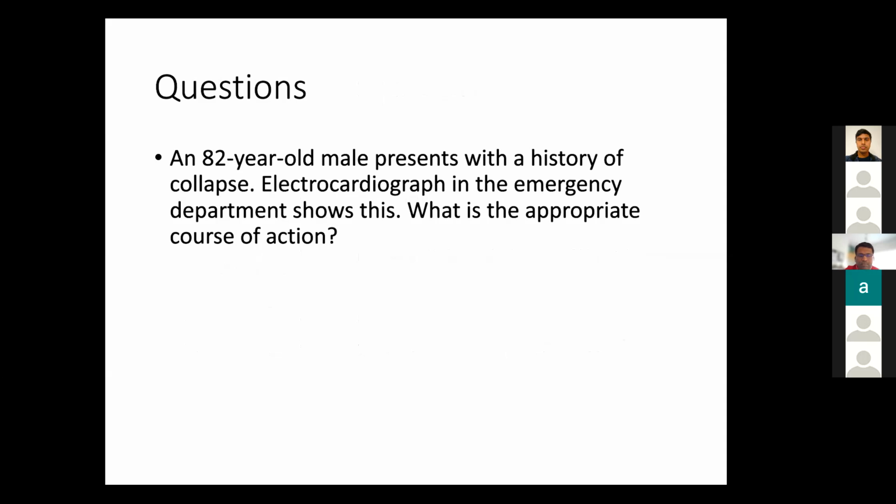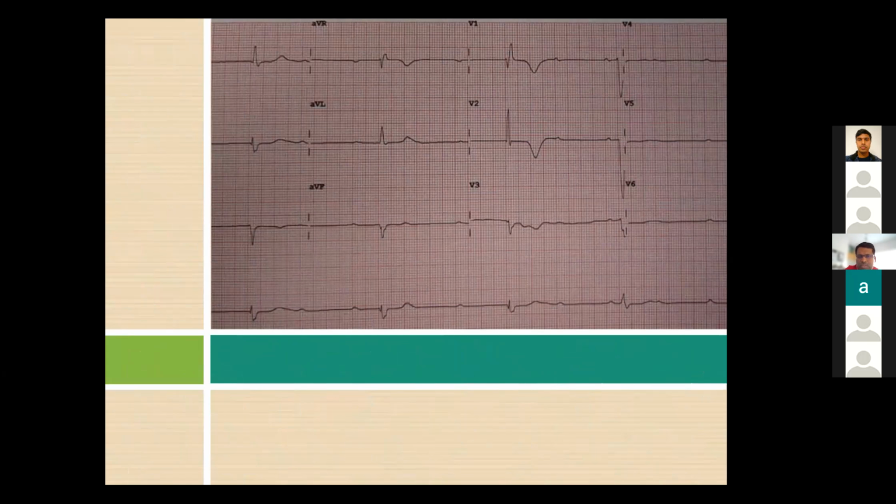Okay, an 80-year-old man presents with a history of collapse. He had a normal examination. Heart rate was 60, blood pressure was 140, something like that, and the examination was normal. An ECG was done, and it shows this.